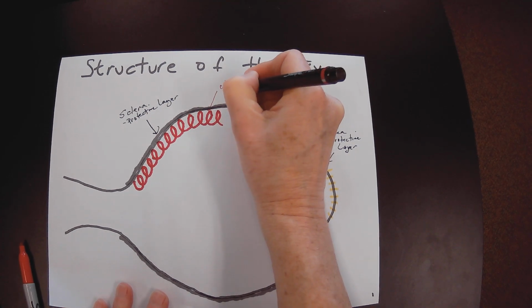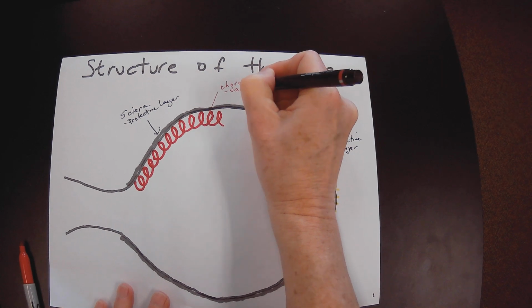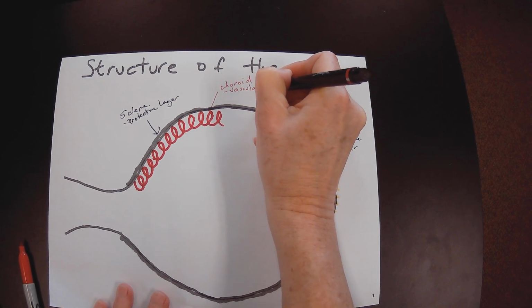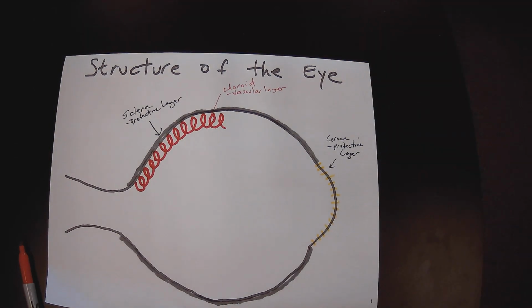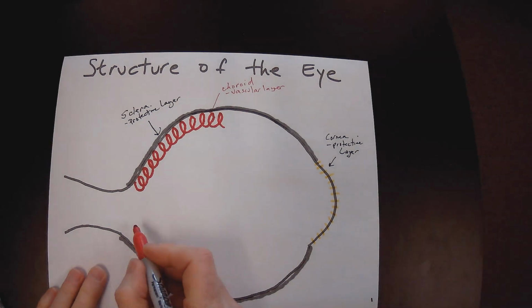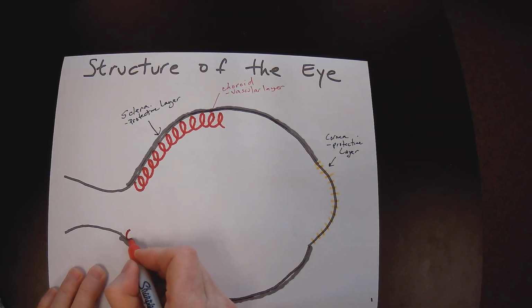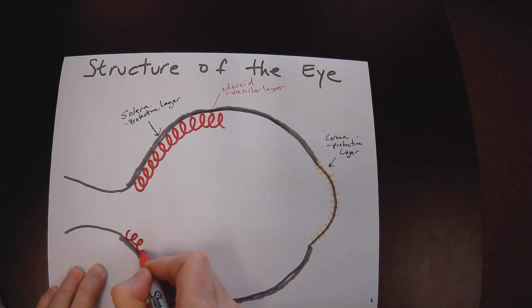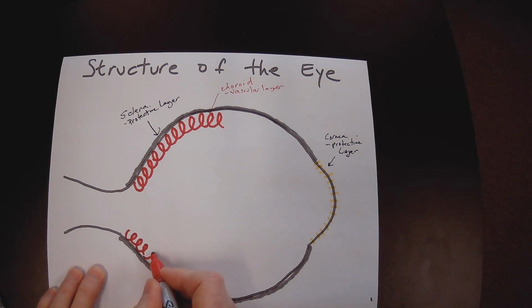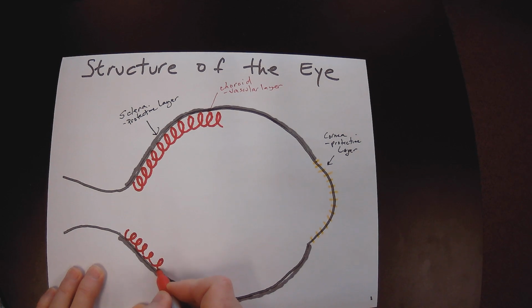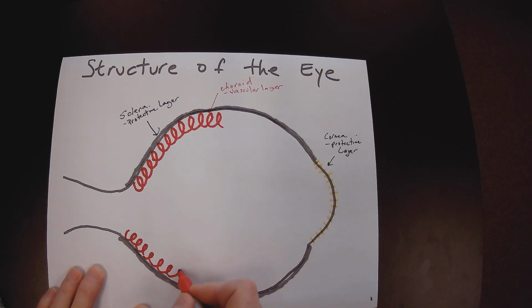C-H-O-R-O-I-D, and that's part of the vascular layer. Okay, realize this is a cross section, so it's all the way around the eye as we're going through. But it's a pretty good blood supply here. It provides vasculature to the eye.